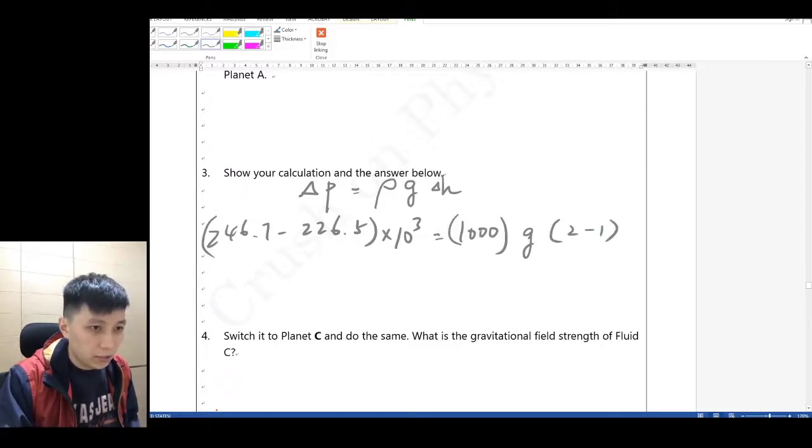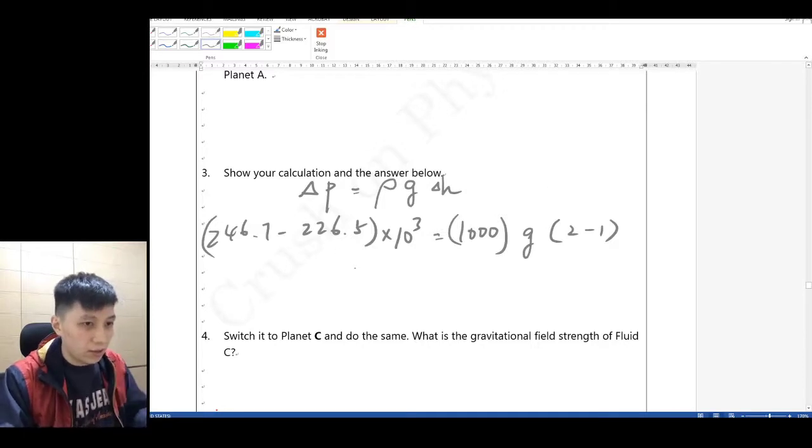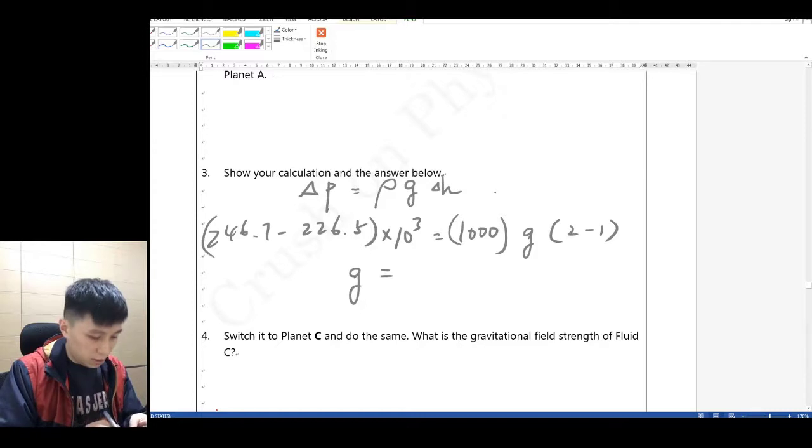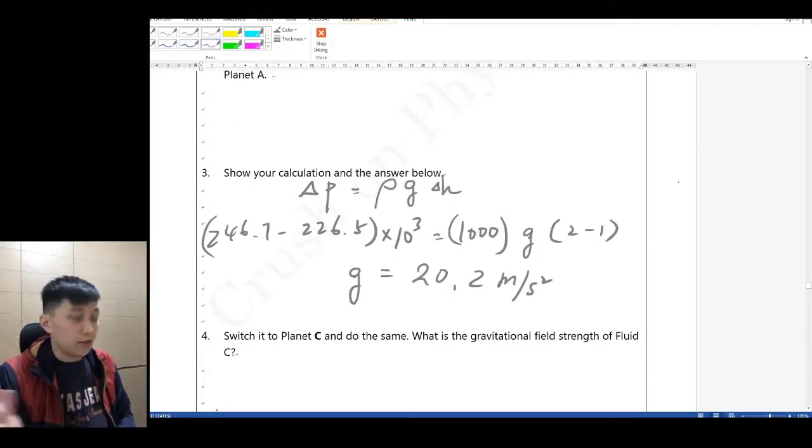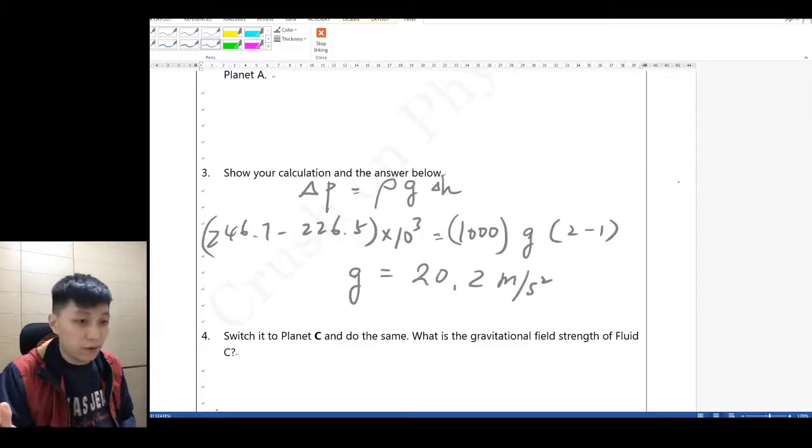And so actually the 1000 will cancel, and G would simply be found directly by subtracting these two. So 20.2. That is a great deal, a lot, right? Because Earth is like 9.8 and this is 20.2. This is like double the Earth.